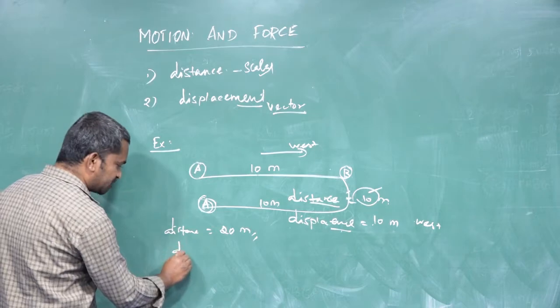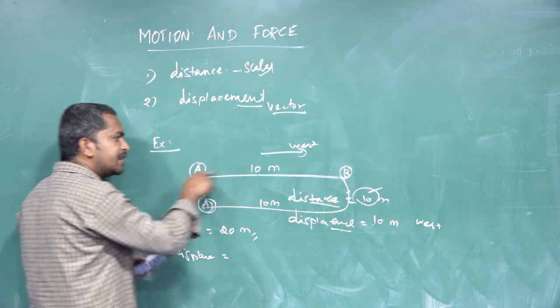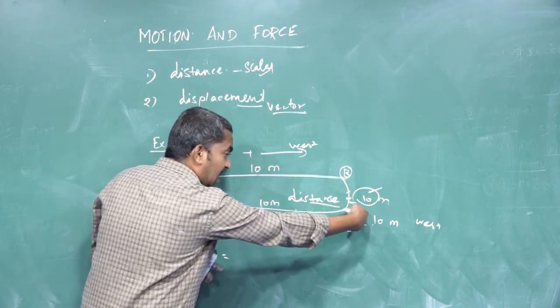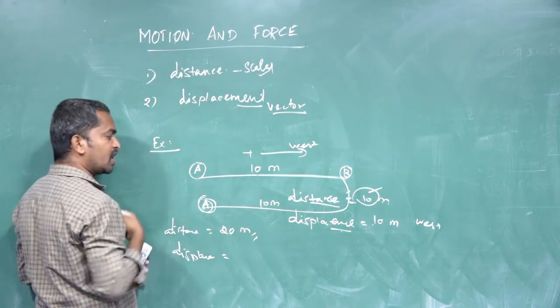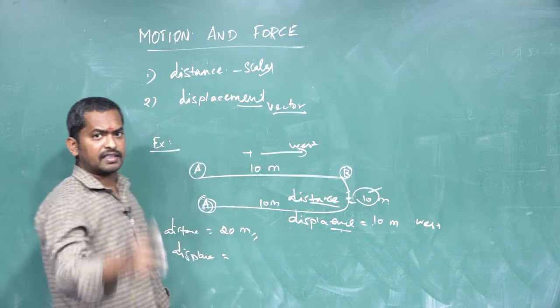What is the displacement? A to B is the positive direction and B to A is the opposite direction, so I take it as negative, because displacement is a vector quantity.